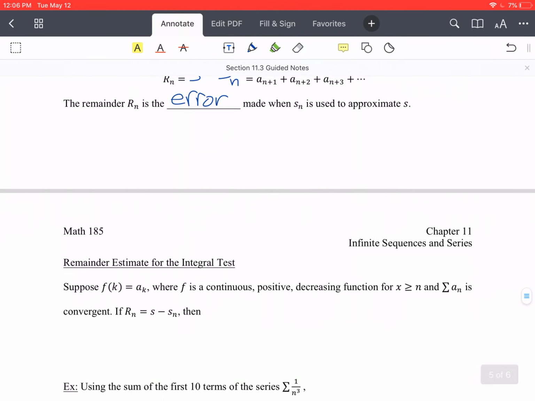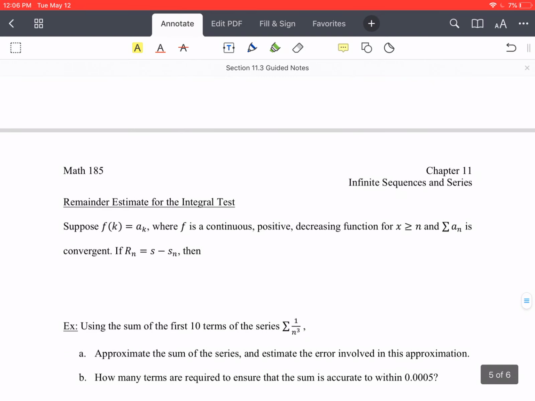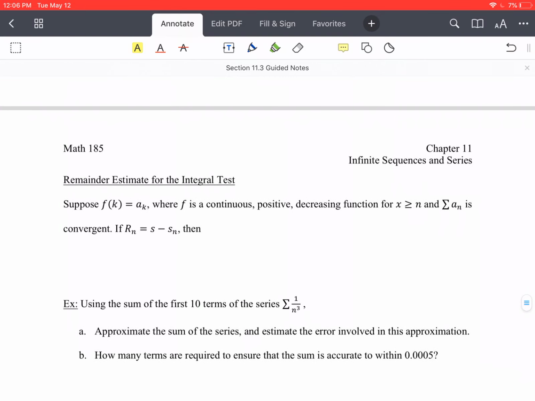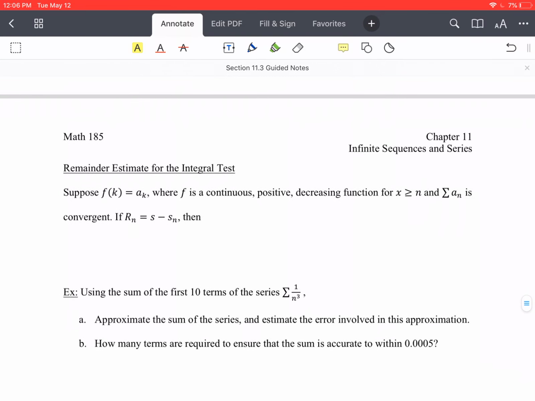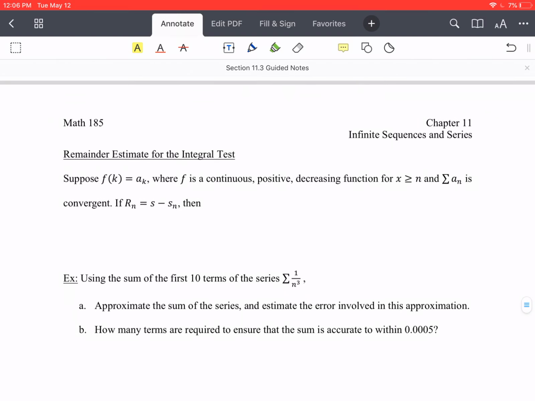So suppose f of k equals a sub k, where f is a continuous positive decreasing function for x greater than or equal to n, and the series is convergent. If the remainder is the sum minus the partial sums, then we have the following relationship.